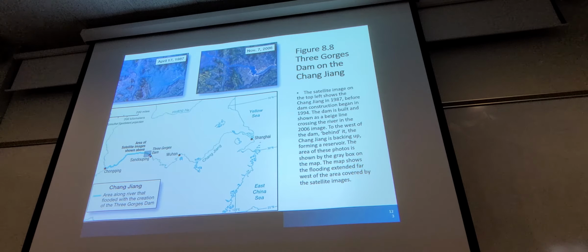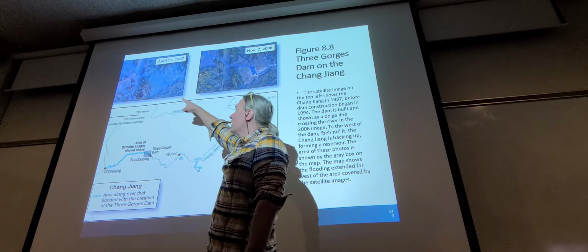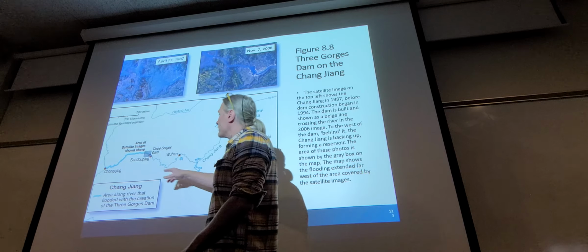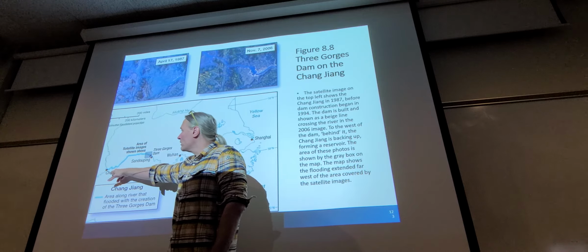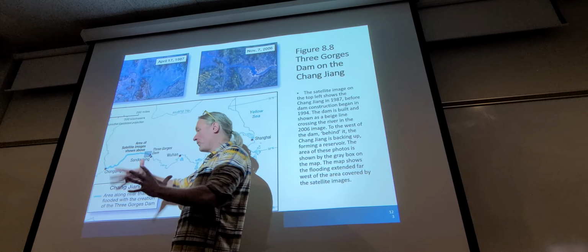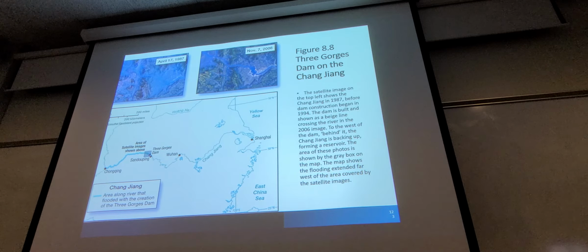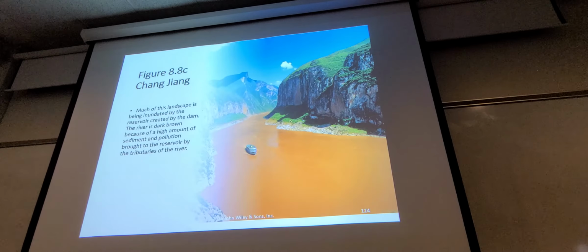So these are just pictures from the book showing you before and after, right? The area when it displaced people. There used to be people who lived all along the river, as is true of many rivers around the world. And so when you put up a dam and it floods out, all those people have to find new homes.